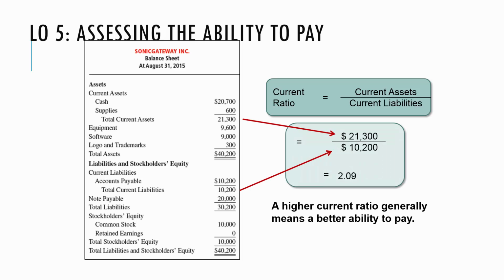In this case, a higher current ratio generally means a better ability to pay. Here it's 2.09, so about twice as much current assets as current liabilities.